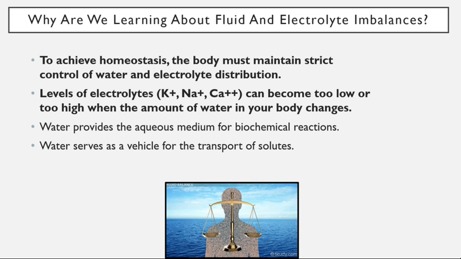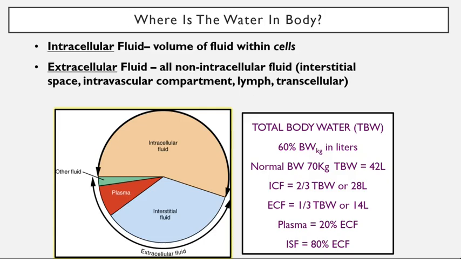And so the levels of the electrolytes in the blood compared to the tissues is going to be very important in regulation. This is why your body regulates that with your kidneys and stuff like that. If they become too low or too high, that's going to affect the amount of water in your body and in your bloodstream and in your tissues, and that's going to affect physiological function.